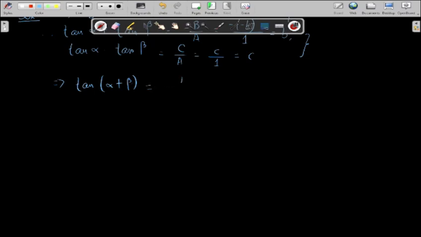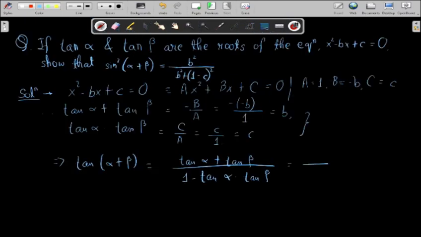Tan of alpha plus beta will be tan alpha plus tan beta upon 1 minus tan alpha times tan beta, right? So tan alpha plus tan beta is b, and 1 minus tan alpha tan beta will be 1 minus c.